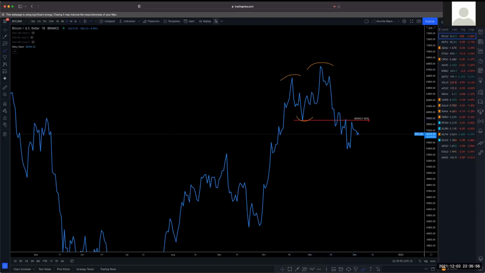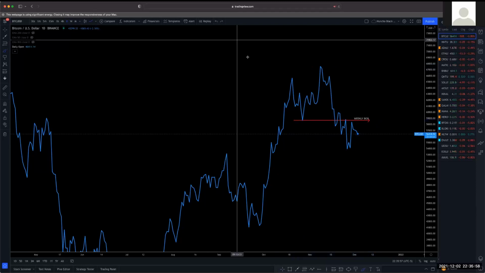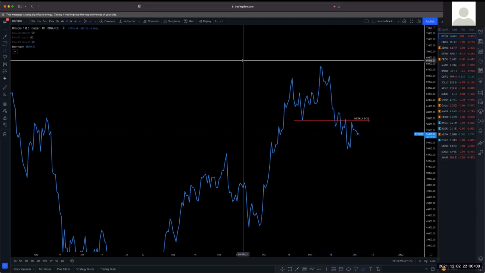But notice now that we're in a lower time frame, we can see everything with greater data. Now I want you guys to write this down, for all my new people. The higher the time frame, the stronger the structure. The lower the time frame, the lower the strength of the structure.